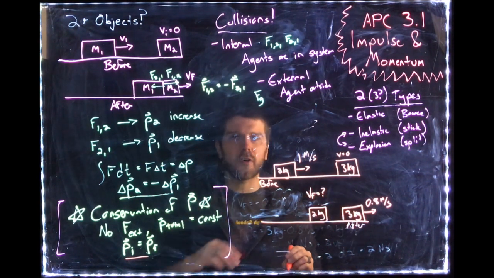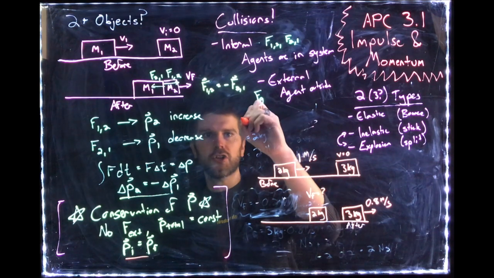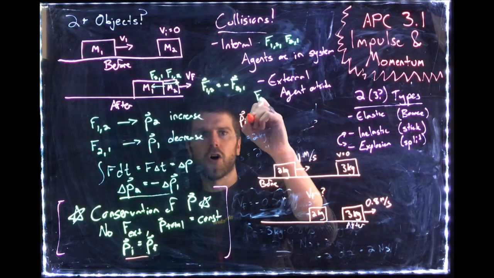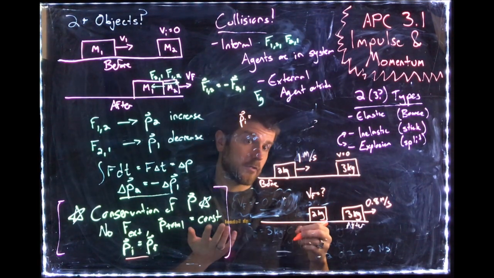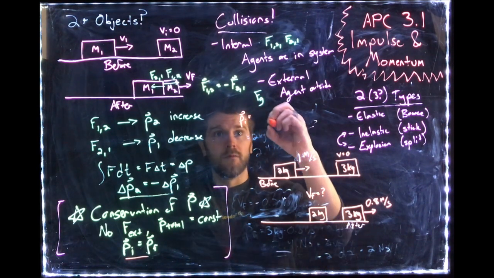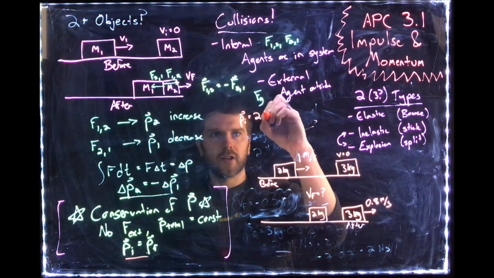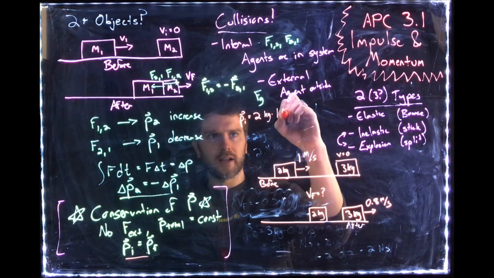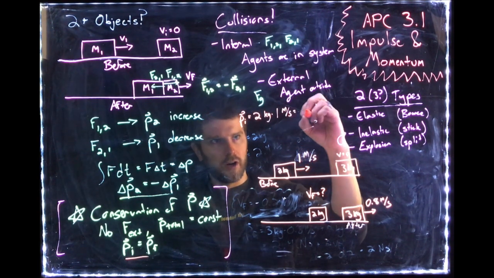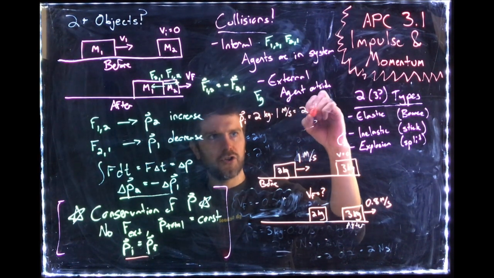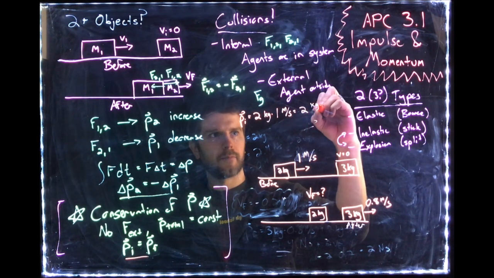So again, let's set up our initial and final momenta. So our initial momentum here is all in the 2 kilogram block because the 3 kilogram block's not moving. So I'll go ahead and get 2 kilograms times 1 meter per second for a total momentum at the start of 2 kilogram meters per second, or 2 Newton seconds if you like.